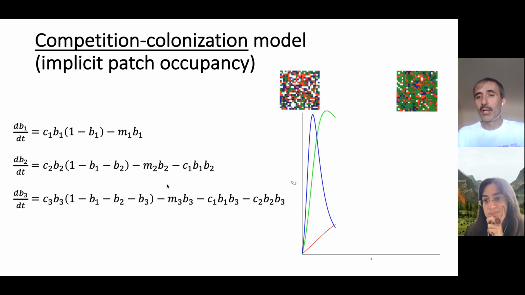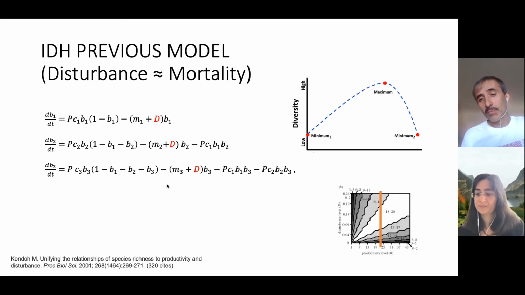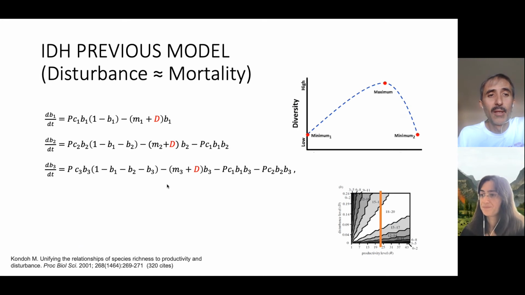So in that way, we can model how many patches are occupied by the species, as we see in the graph, as they evolve towards a steady state of occupancy. Next. So this model has already been used to test the intermediate disturbance hypothesis.